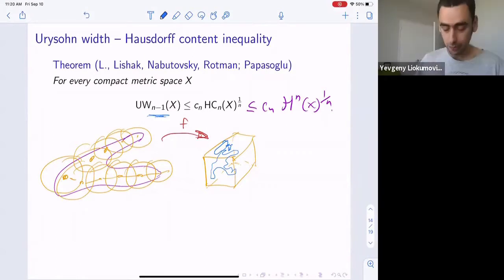And in doing so, we want to control, first of all, that the Hausdorff content does not increase by much after each deformation, and that the path that these deformations follow is not too long, so that when we take the pre-images, we have control on the diameter of the fibers.